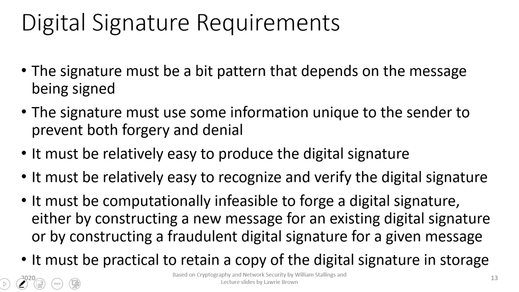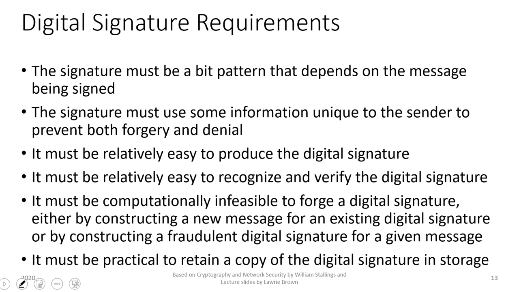So now, based on the types of attacks and forgeries and the basic properties that we have discussed so far, we can formulate a set of requirements that we want to have for digital signatures.